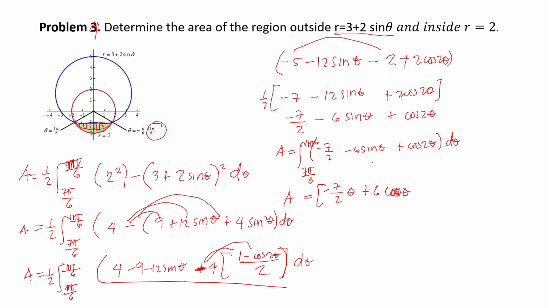Because this is negative, then plus, and the integral of cosine 2 theta is plus 1/2 sine 2 theta, from 7 pi over 6 to 11 pi over 6.